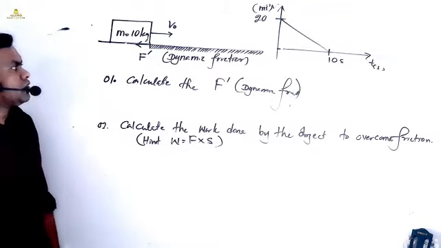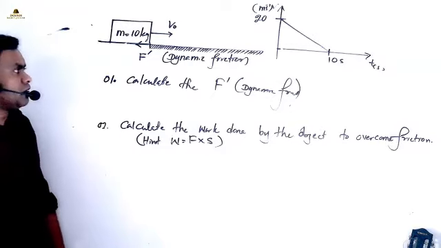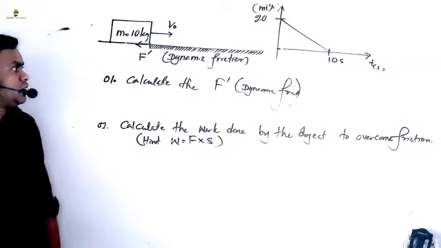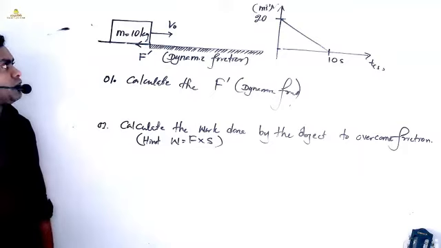The only equation you have to apply is F equals ma, Newton's second law equation. But for that, you have to know the mass and acceleration. Acceleration is not directly given to you. It has been given by a velocity time graph.